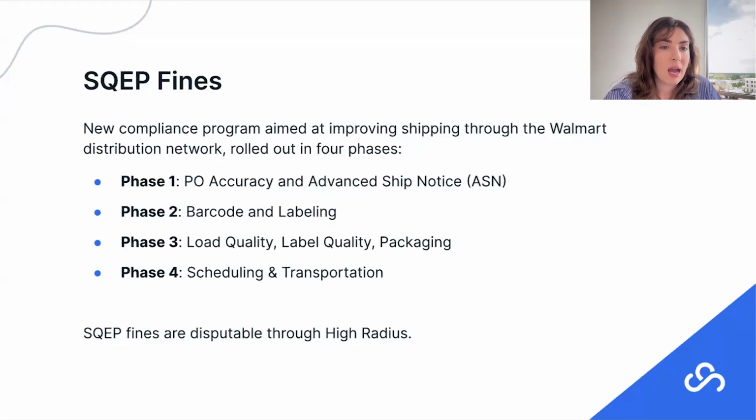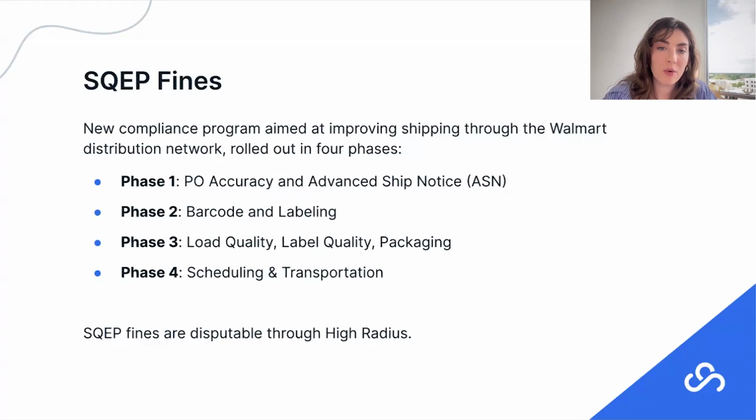All right, and then SWEP fines. We talked about OTIF, the other compliance program. I like to refer to SWEP as the sister or cousin to OTIF. It goes more in depth with these particular phases. Walmart rolled this out a couple years ago, aimed at improving shipping and receiving and making sure that the supply chain had fewer defects.